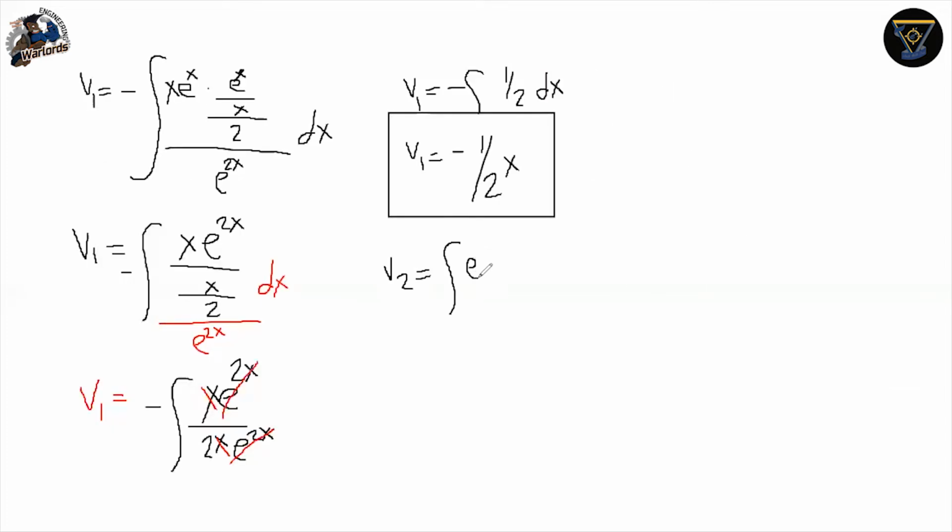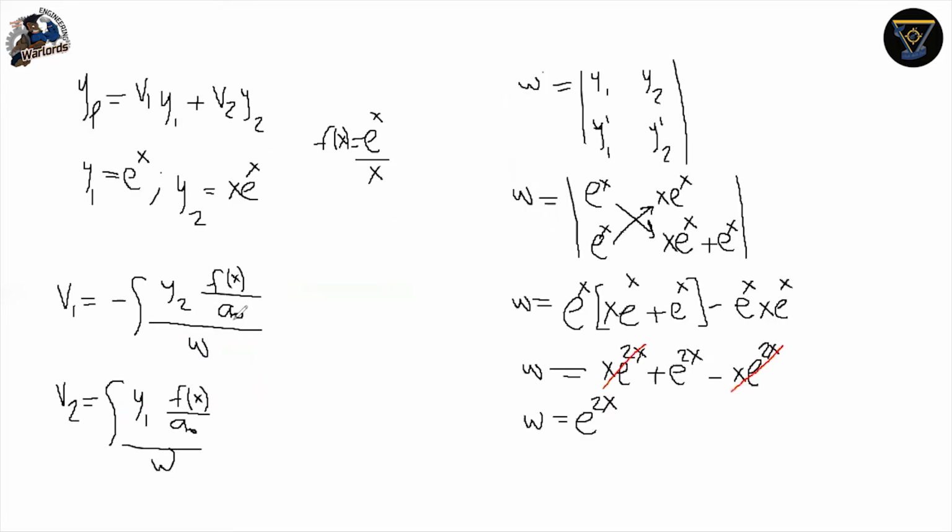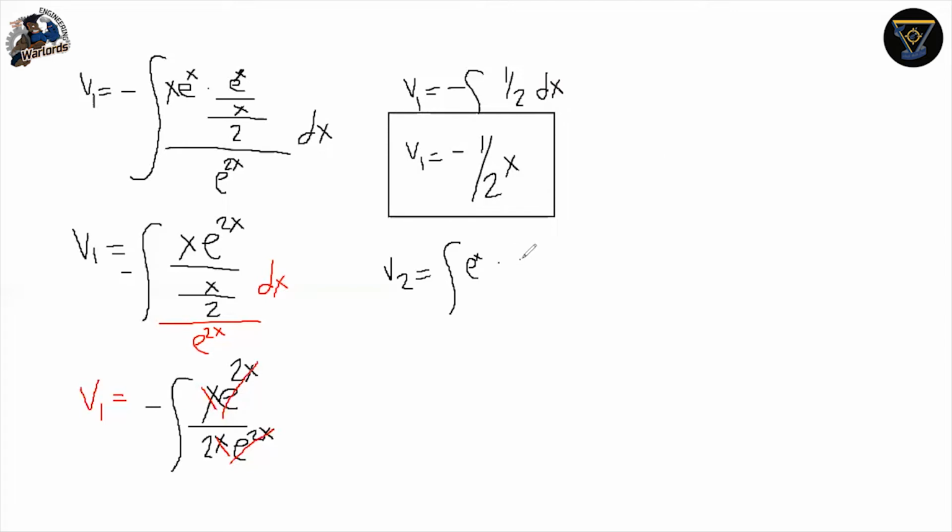So you have e to the x, and it's multiplied by f of x over a naught. F of x is e to the x over x divided by 2, over the Wronskian value. And this is over the Wronskian value, which is what we got, e to the 2x.